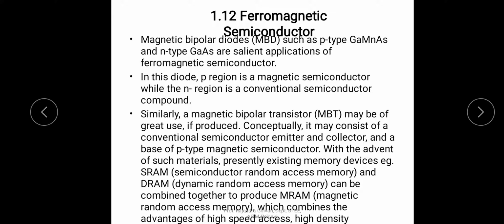Now RAM, random access memory, has become a generic term for the semiconductor memory that can be both written and read. It is a volatile memory which loses its data when the power is turned off. However, it is very fast and less expensive than non-volatile memory such as your hard disk.